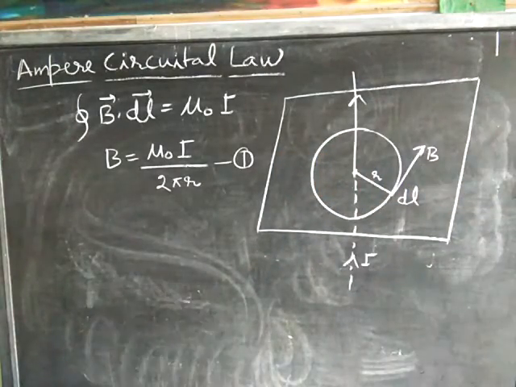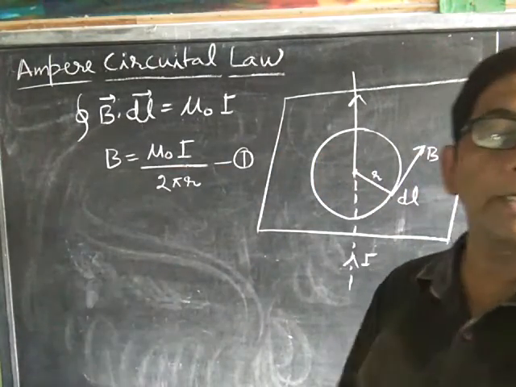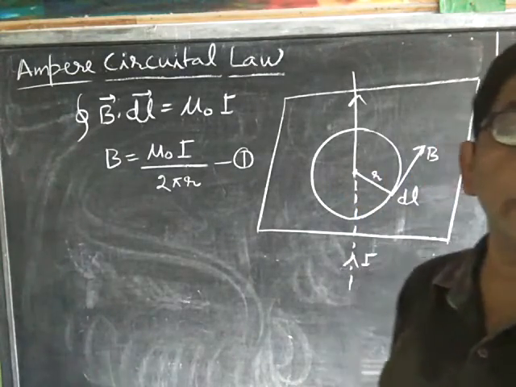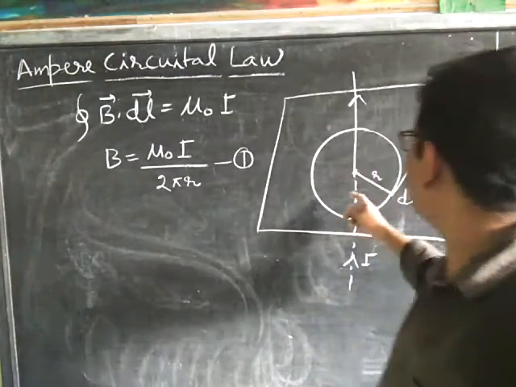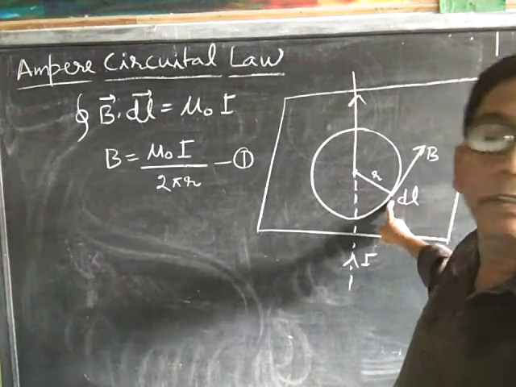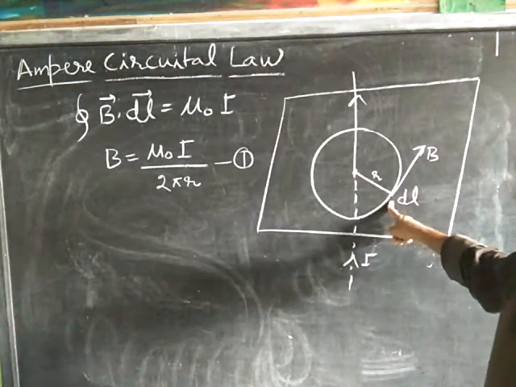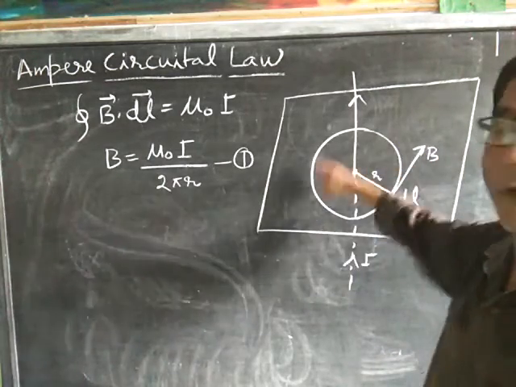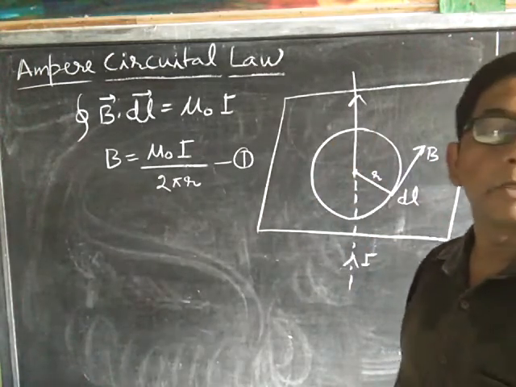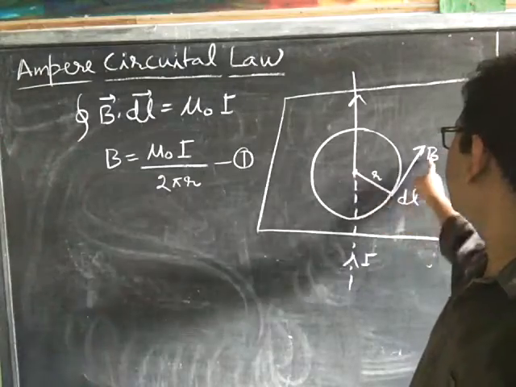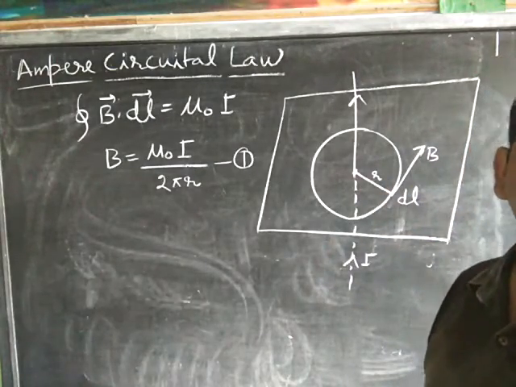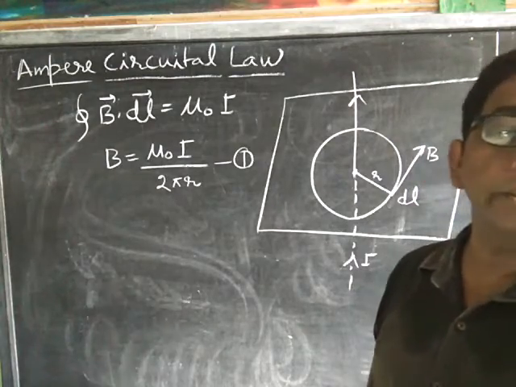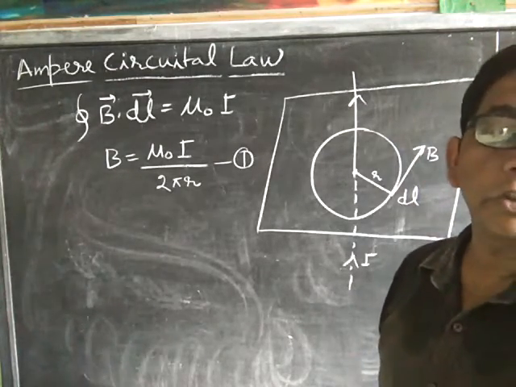To evaluate the line integral of the magnetic field B along the circle, consider a small current element dl along the circle. At every point on the circle, both B and dl are tangential to the circle, so the angle between them is 0.